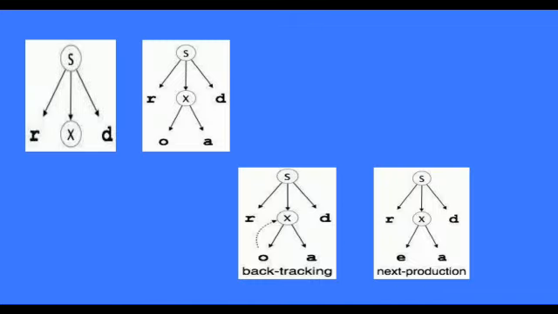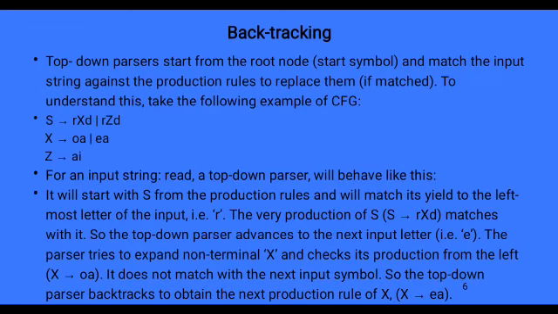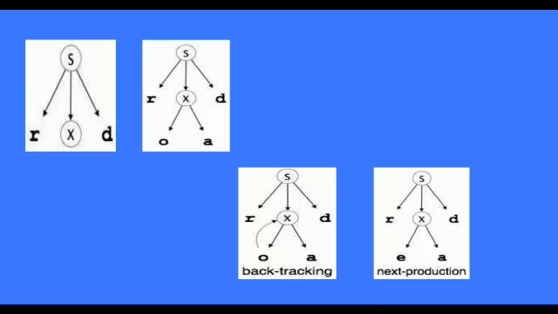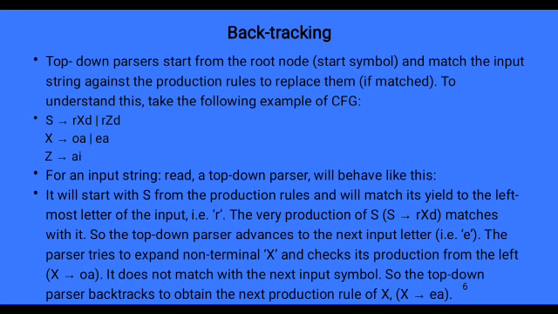First of all, you have to take the first expression of the problem, that is S tends to small r X d. You are seeing here S is divided into three parts, r, capital X, d, and in the next step capital X is replaced with oA, because here capital X tends to oA or eA.